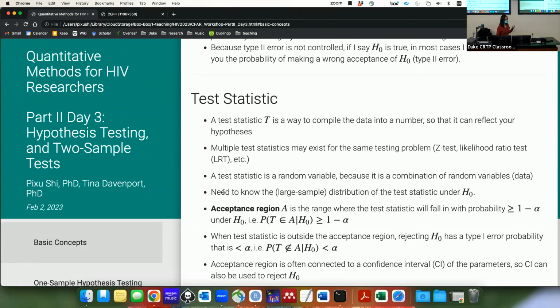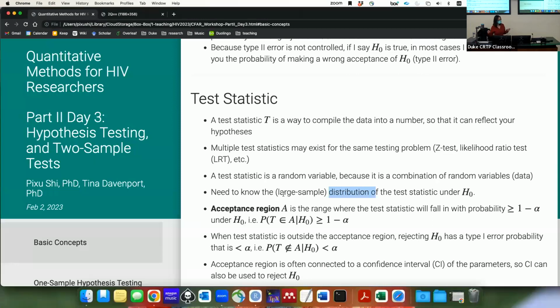So we will need to know the distribution of the test statistics under the null hypothesis. And this distribution may not always be known to you, because who knows whether your distribution is a normal distribution or not. You may have a violation. But when we say distribution, many times we use a large sample distribution. So if you have a large sample size, then this test statistic will have a distribution in a certain shape, for example, normal distribution, chi-square distribution, F distribution.